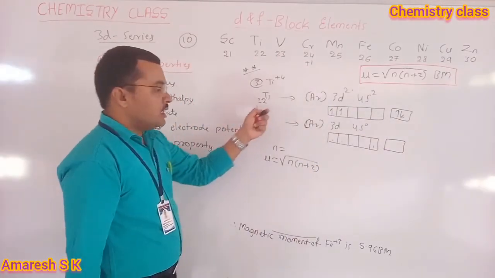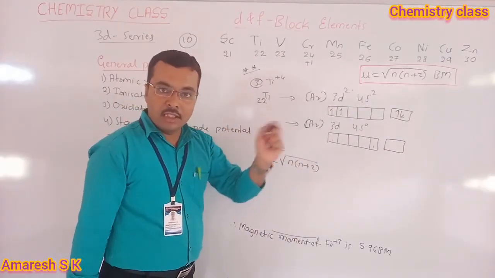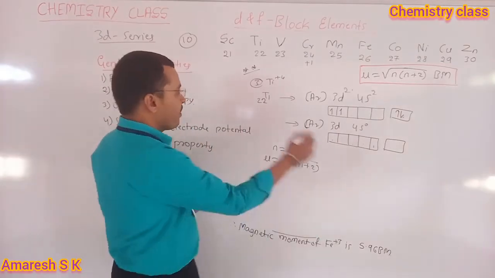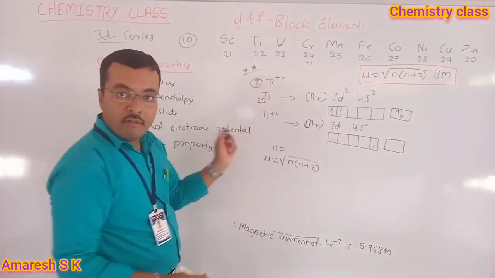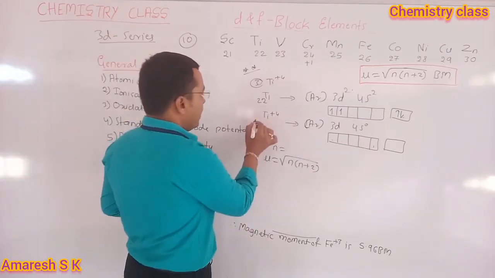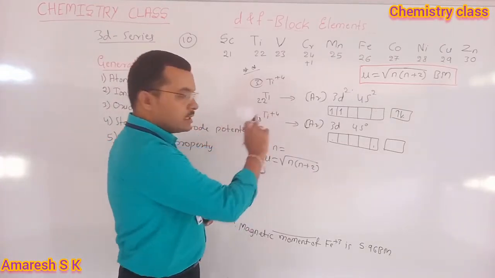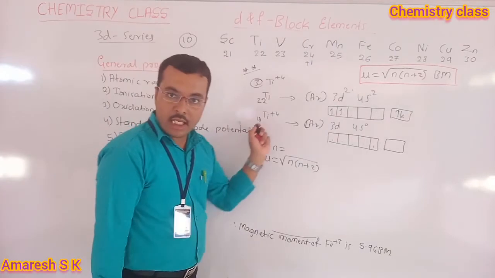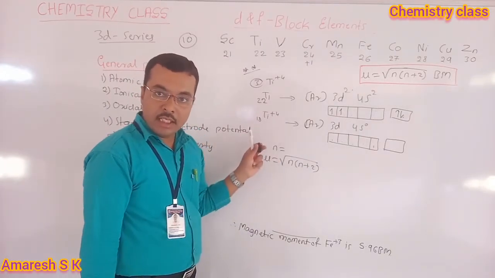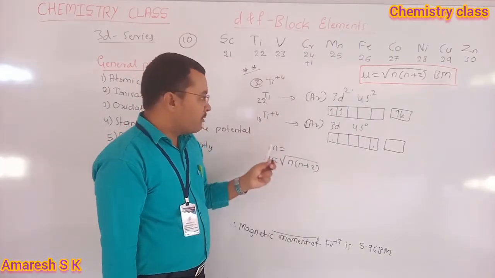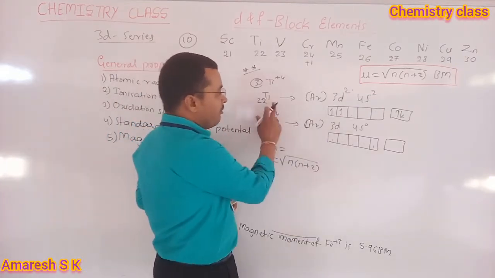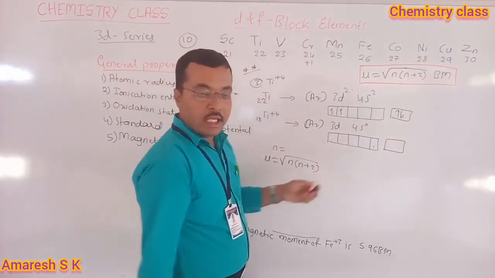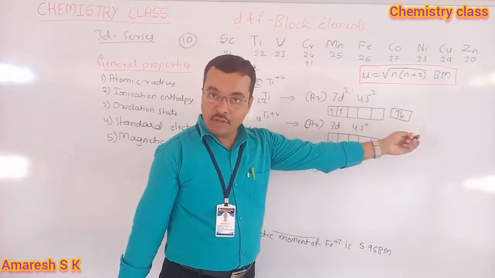Next, whenever titanium undergoes oxidation, it means whenever it loses the electrons, it becomes Ti plus 4. Then the atomic number changes to 18, which is a completely filled, stable electronic configuration. In the ground state there are totally 4 electrons in the outermost shell.